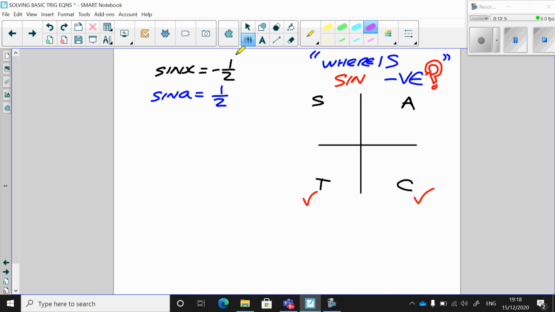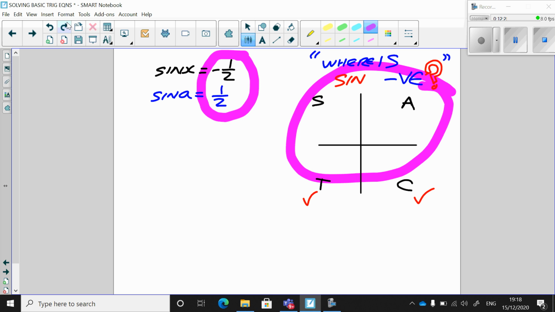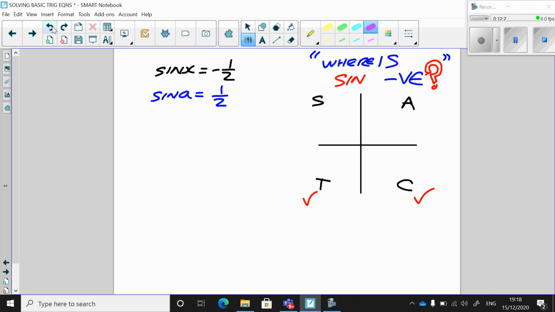It's suddenly turned into plus a half. That's so that the quadrant system of equations works. It's not going to work unless we turn it into positive a half. So there's our little equations there. 180 plus A, 360 minus A.